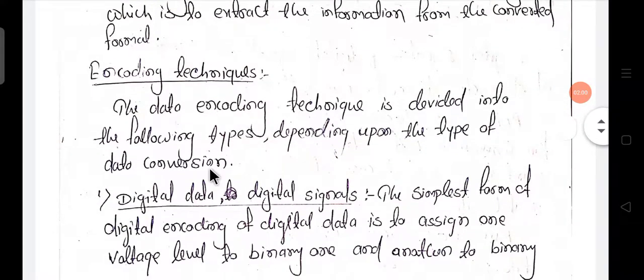Next, encoding techniques. The data encoding techniques are divided into the following types depending upon the type of data conversion. Based on the data conversion, data encoding is divided into four types.